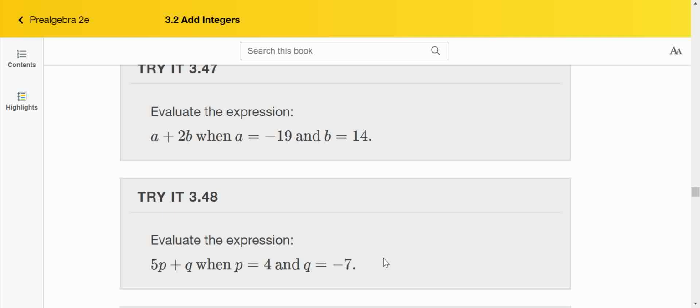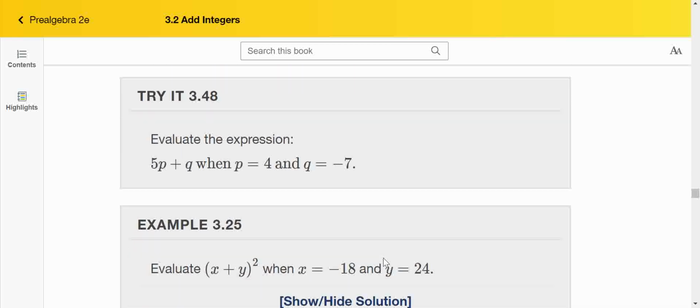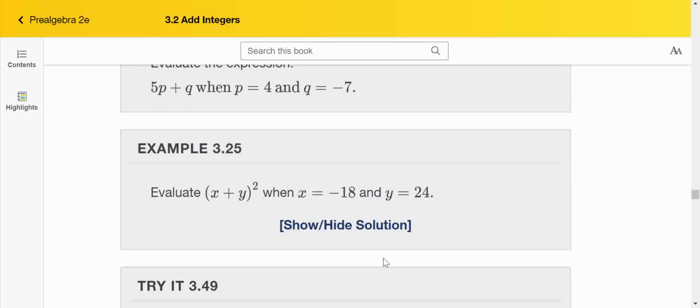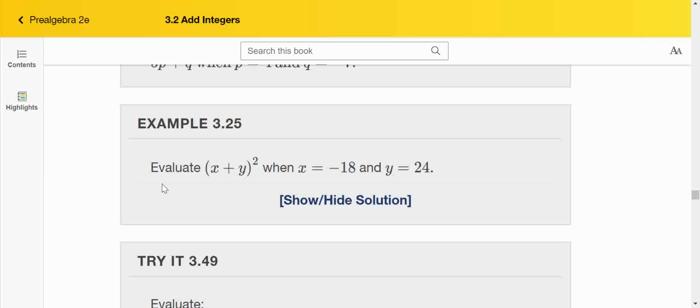Some try-it problems for you to try at home. And example 3.25, evaluate x plus y squared when x is equal to minus 18 and y is equal to 24.